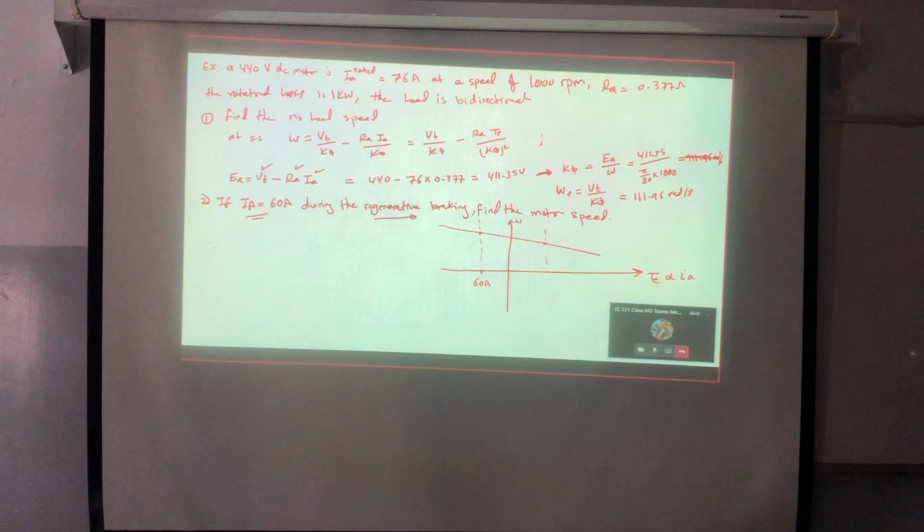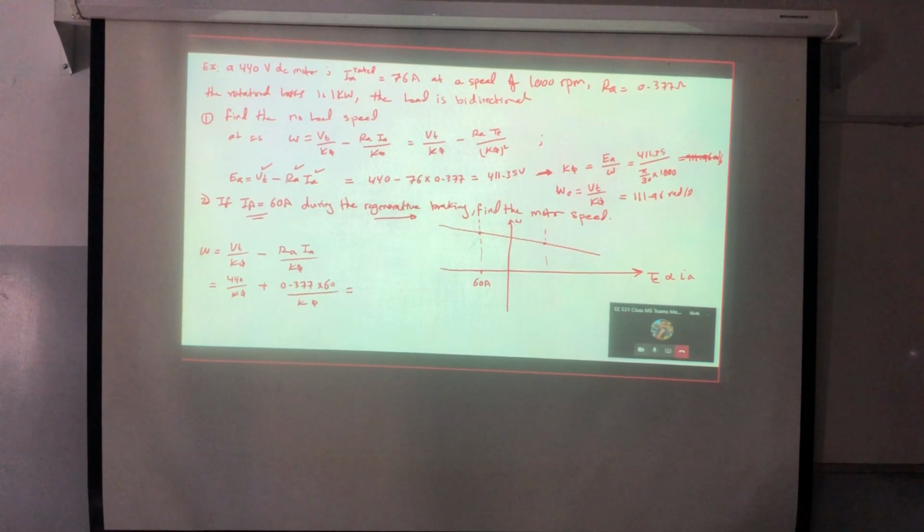Omega equals Vt over K phi minus Ra Ia over K phi. This will equal 440 over K phi plus Ra, which is 0.377, multiplied by 60 over K phi.